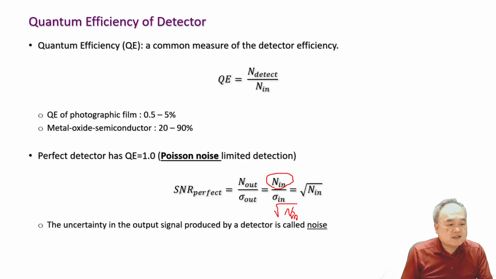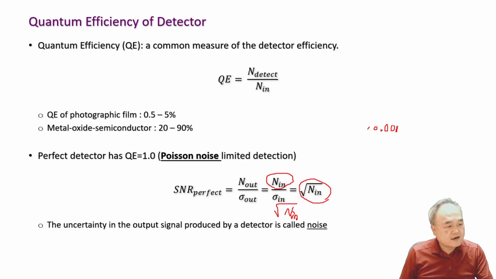There is an intrinsic noise known as Poisson noise, counting noise, or shot noise, which is basically the square root of the incoming flux intensity. So imagine that you are measuring 10,000 photons.